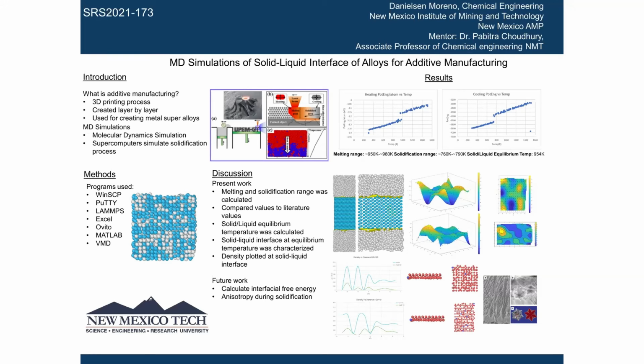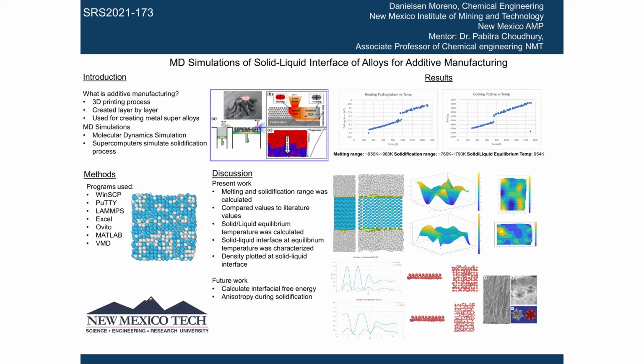LAMMPS is the program that does the calculation, and then once the experiment is complete, I get a file back with a bunch of numbers on it, and I can use Excel or MATLAB to analyze the data. Also, OVITO and VMD are visualization softwares. OVITO stands for Open Visualization Tool, and VMD stands for Visual Molecular Dynamics.